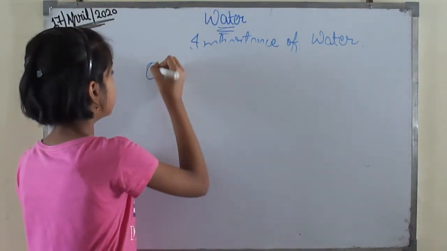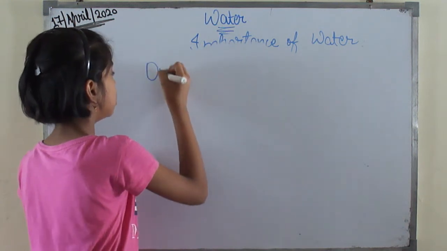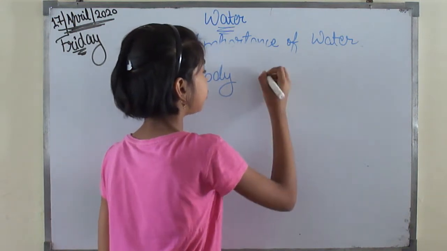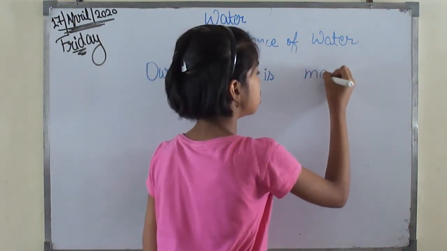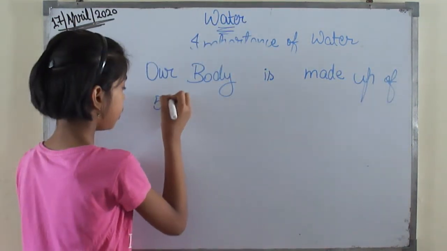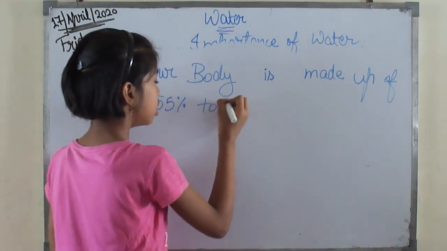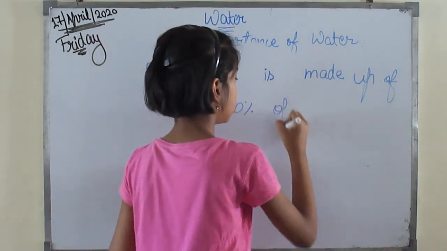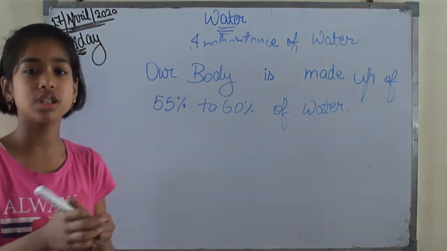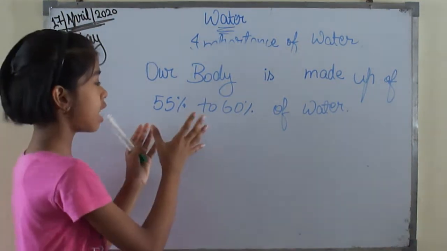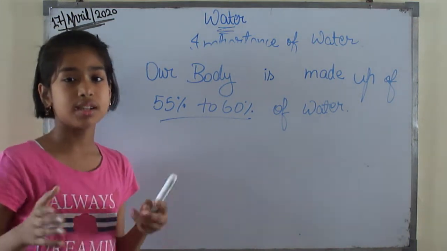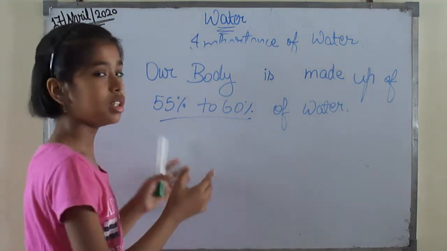Our body is made up of 55% to 60% of water. It is the exact answer. If you search it on Google or anywhere, it is the exact one. 55% to 60% is the exact percentage of water in our body.